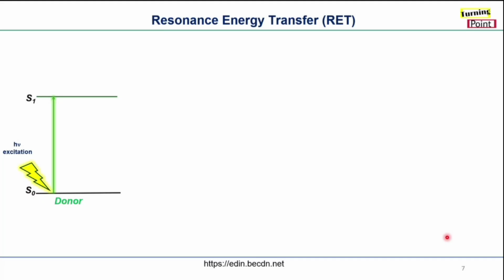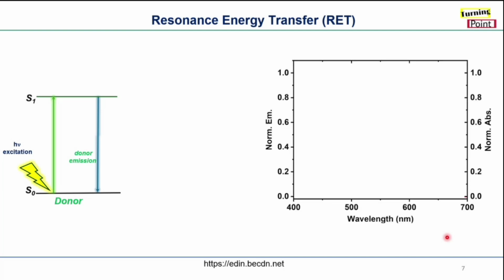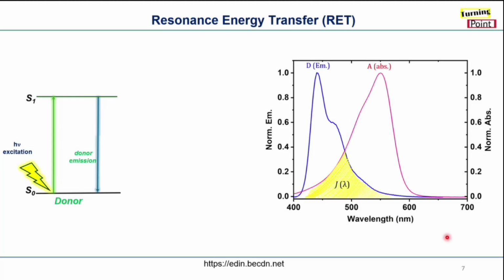In the absence of an acceptor molecule, the donor relaxes back to the ground state by emitting fluorescence, which is the normal donor emission. But when an acceptor molecule is in the range of 1 to 10 nanometers, as we can see on the right side, the donor emission spectrum overlaps with the acceptor absorption spectrum.